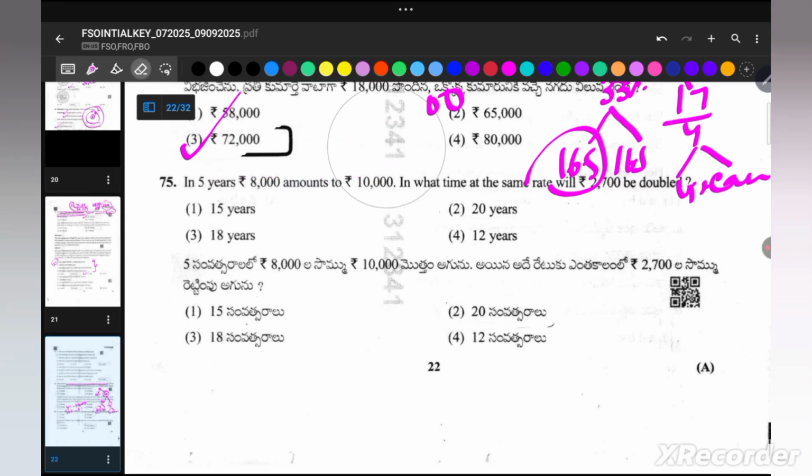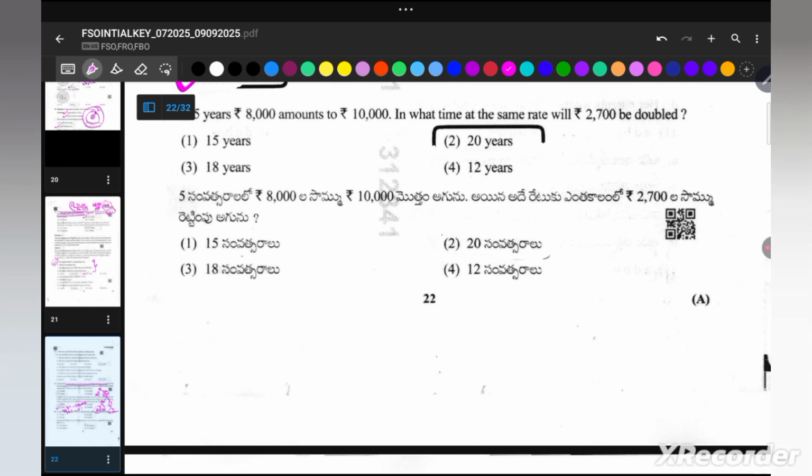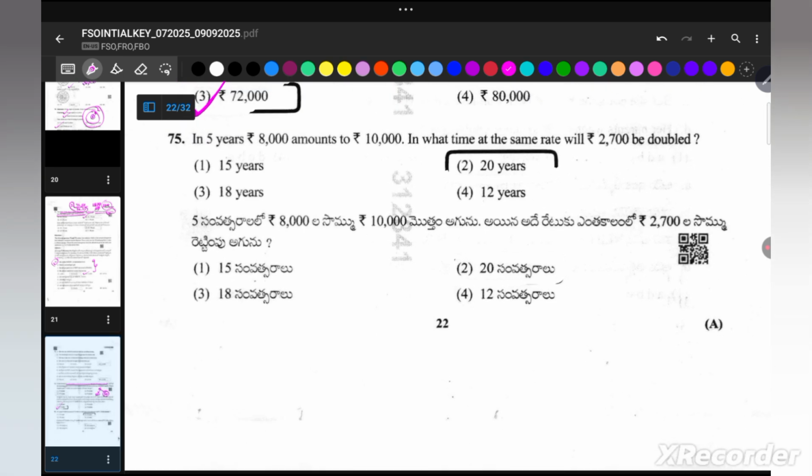Next, in 5 years, 8,000 amounts to 10,000. That means within 5 years, 2,000 is the simple interest.